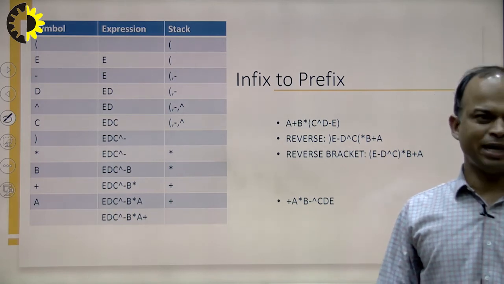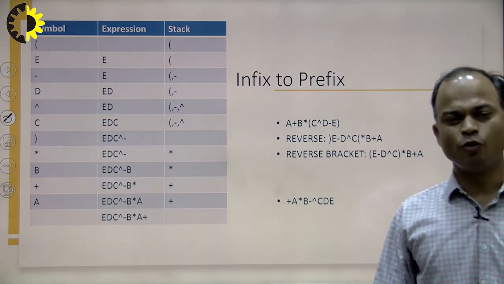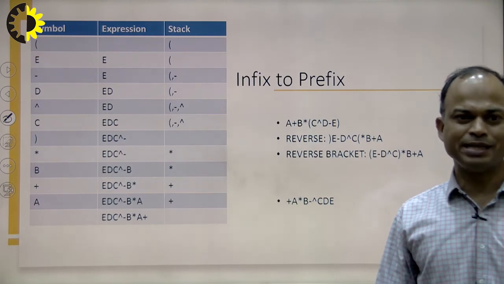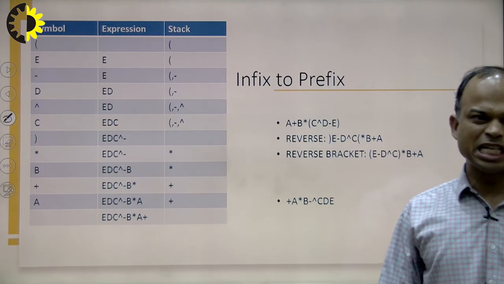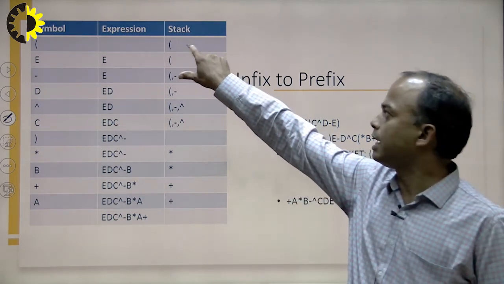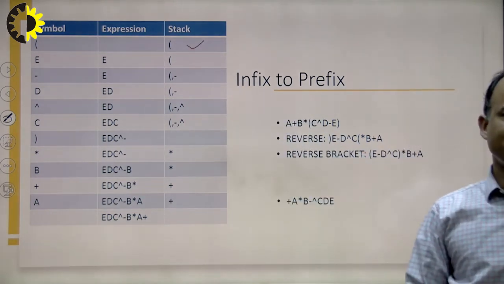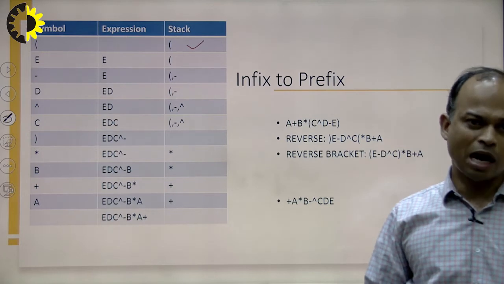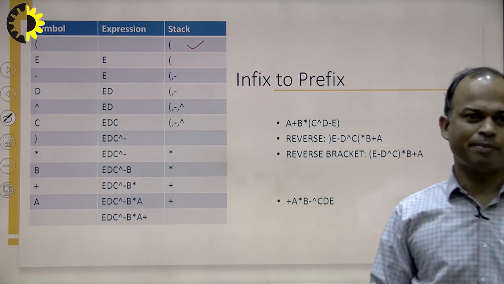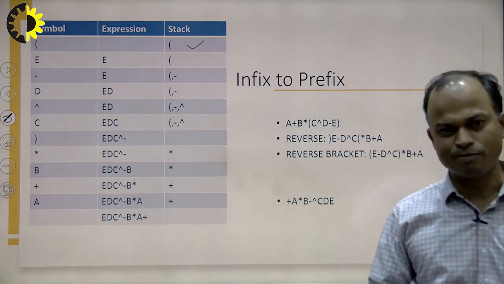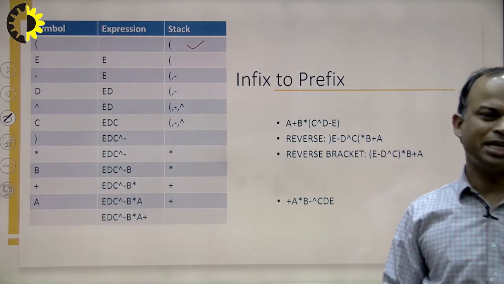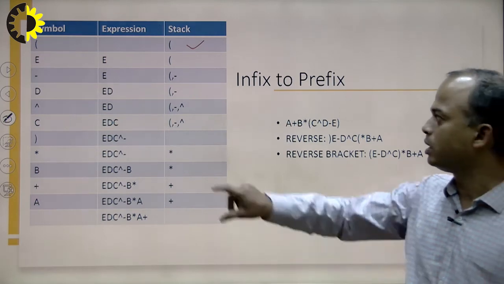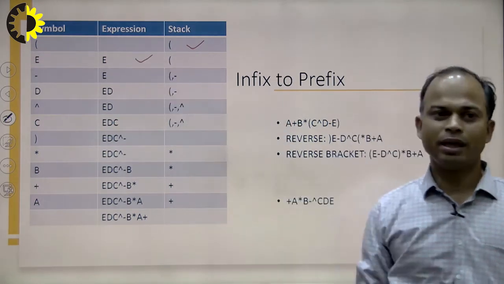Further, we observe that the first symbol is our open parenthesis. So open parenthesis is pushed onto the stack. Now after the open parenthesis we have the next symbol, E. Therefore this E is appended onto the expression, and we have the expression E only.